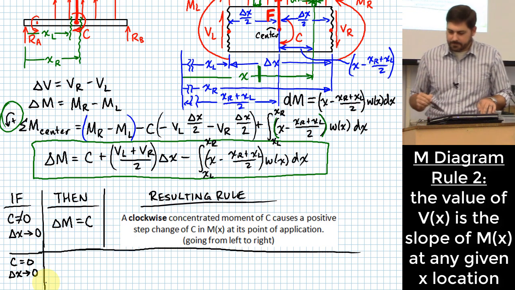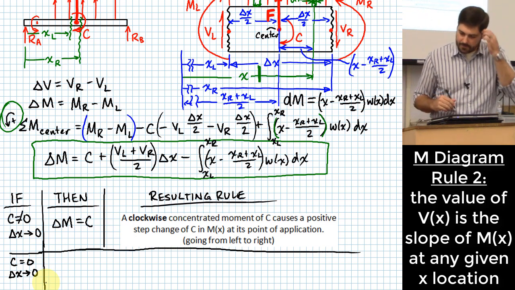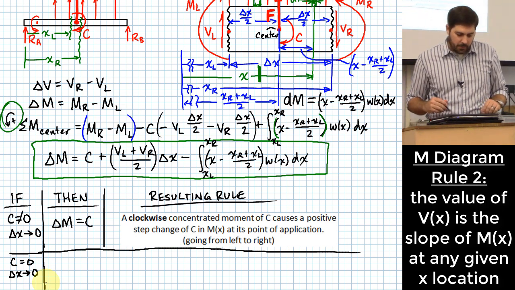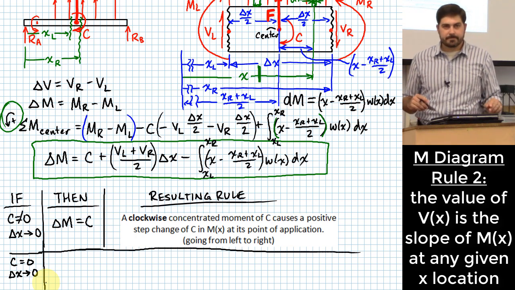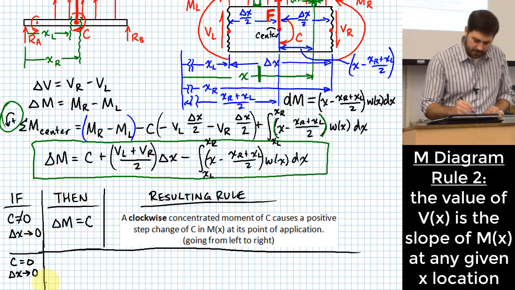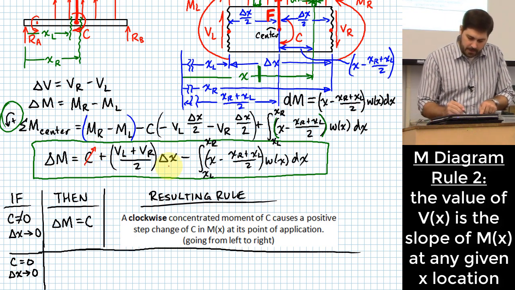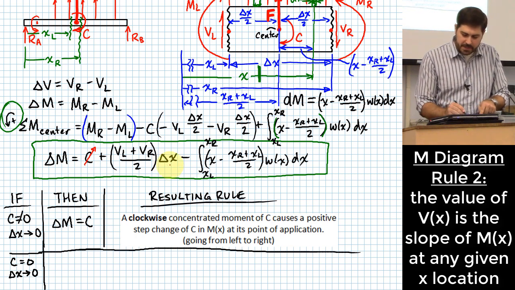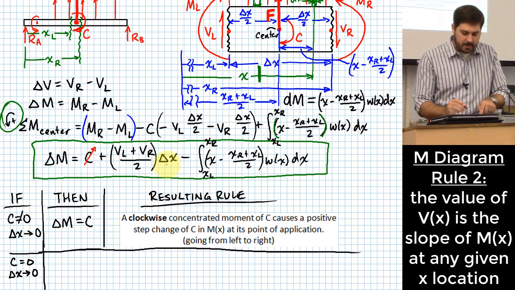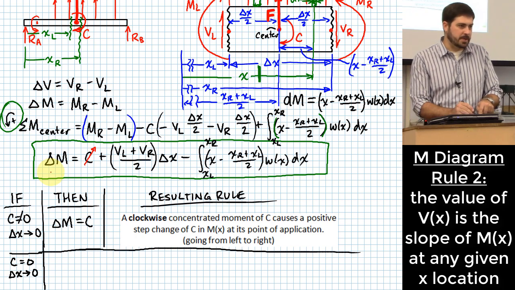Okay. Now what happens here? Okay, so now C goes away, right? This C is gone. This delta x right here is approaching 0, but guess what? Delta m is also probably approaching 0.